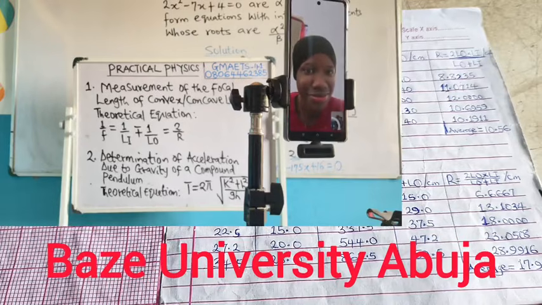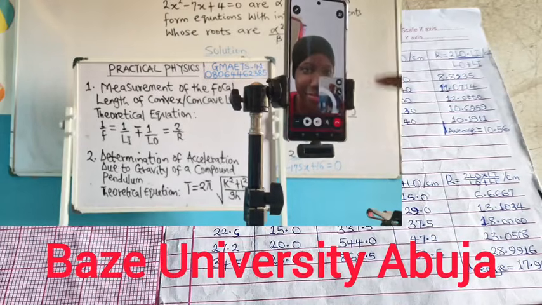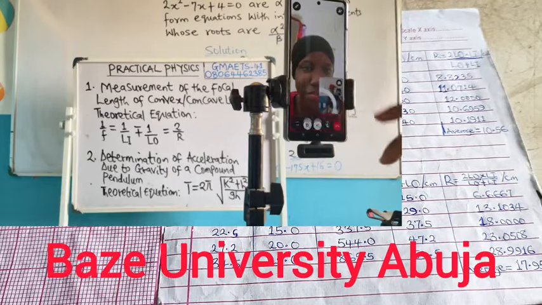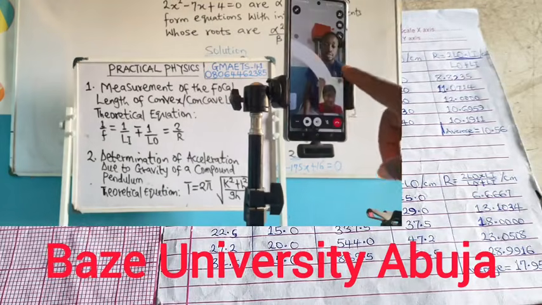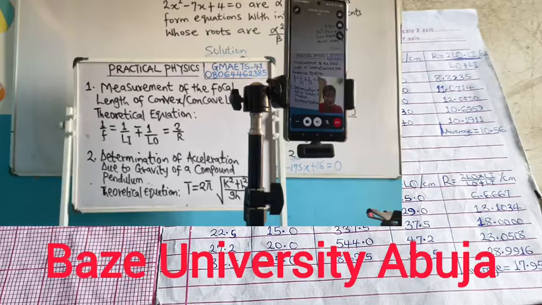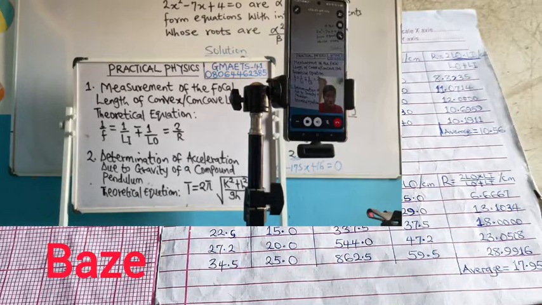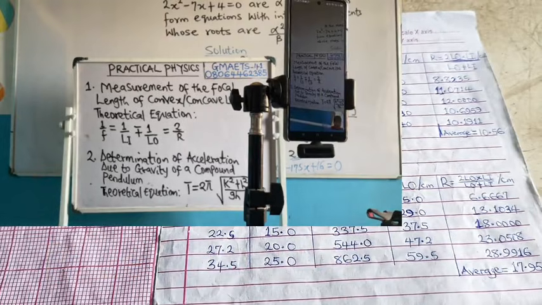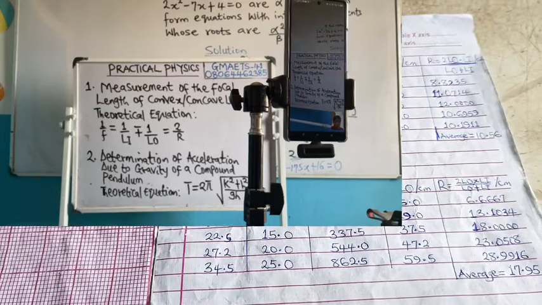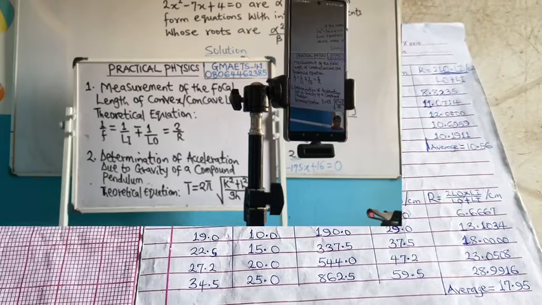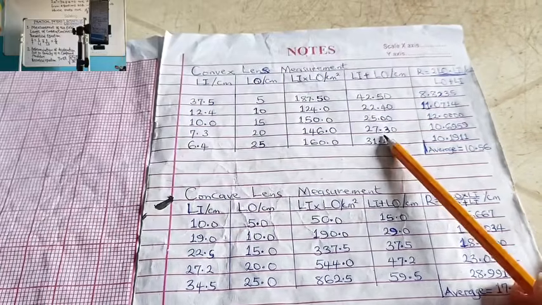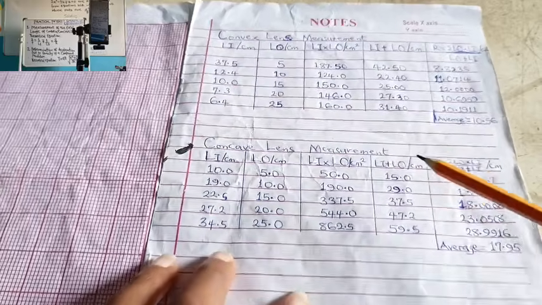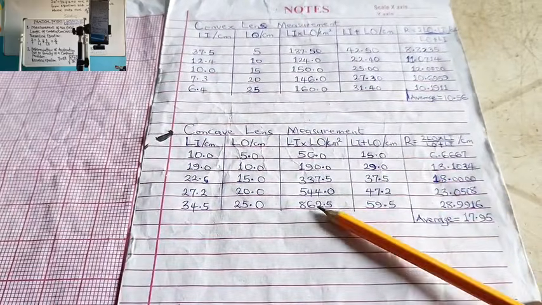The theoretical equation is showing on the screen: 1 over f equals 1 over Li plus 1 over Lo, equals 2 over the radius of curvature, capital R. The experiment has been carried out and values have been obtained. This particular value is for convex lens measurement, while this one focuses on concave lens measurement.